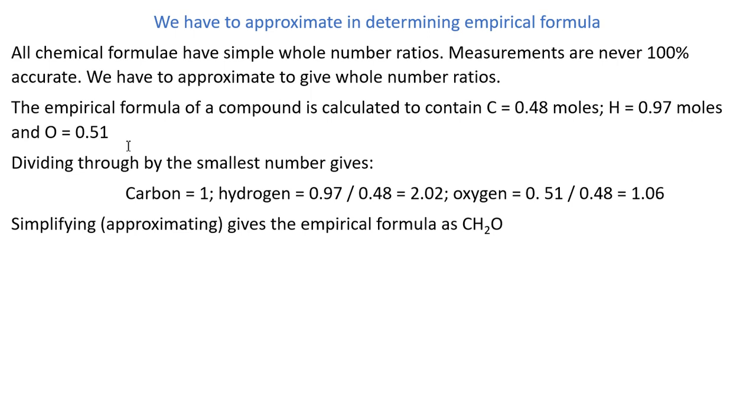If I'm starting off with the actual number of moles, I would divide through by the smallest number to give me the simplest ratio. Smallest number here, 0.48. So my carbon, 1. Hydrogen, 2.02. Oxygen comes out 1.06. Simplifying, or if you like approximating, gives the empirical formula as CH2O.